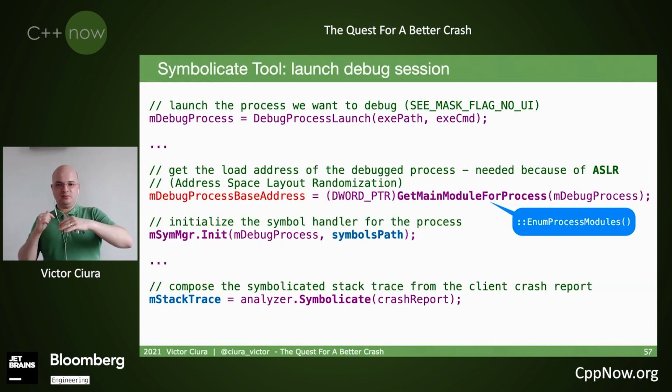So the debugged process is loaded at a particular address in the host process. We get that address, and we have the one stored in the crash report, so we can subtract them and use this offset between the current load address and the stored load address from the actual production machine. And we use this difference to offset all the function addresses that we have stored in the crash report.